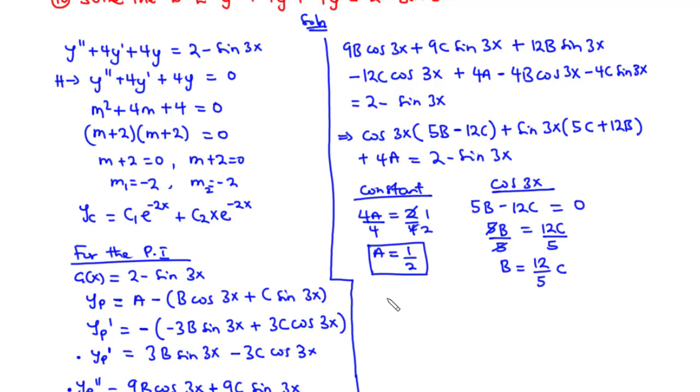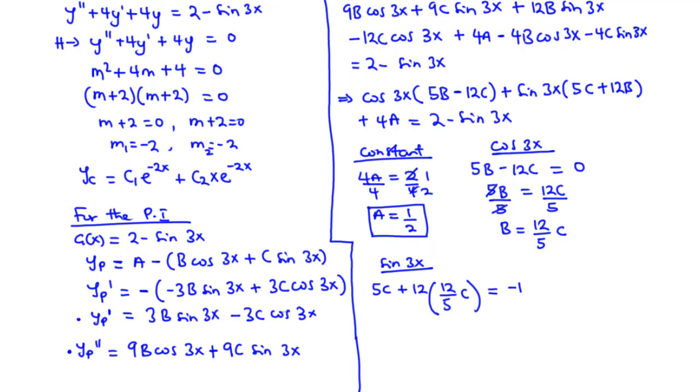Now for sine 3x we have 5c plus 12b. So we have b to be 12 over 5c, and that is equal to negative 1. The coefficient of sine 3x on the right hand side is negative 1, so minus 1.